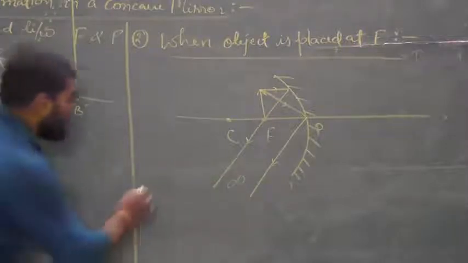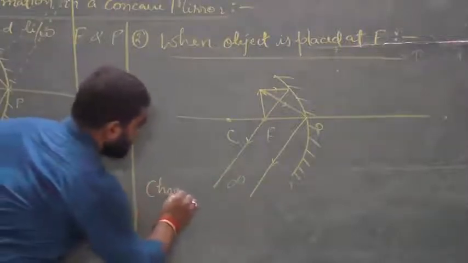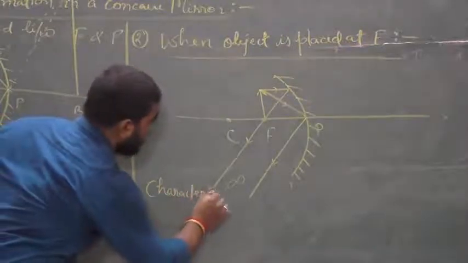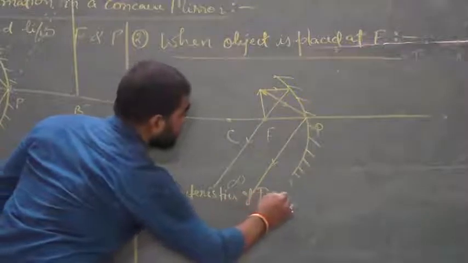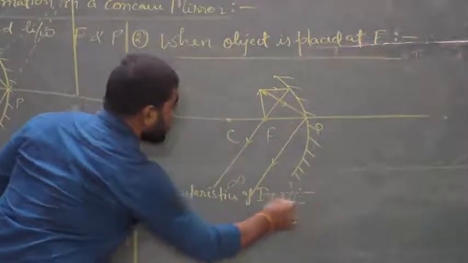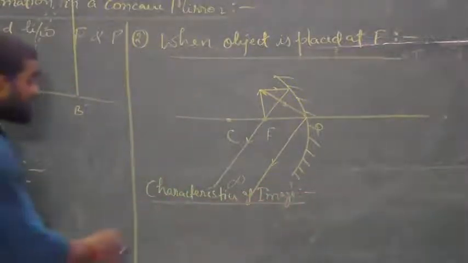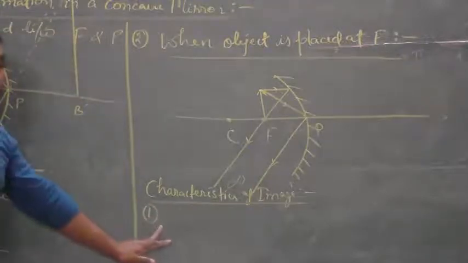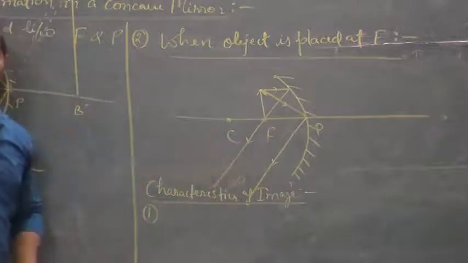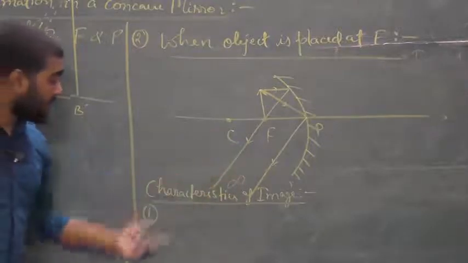Now the characteristics of the image. In the first characteristic, we will discuss the position of the image, where the image is forming. The image is forming at infinity.